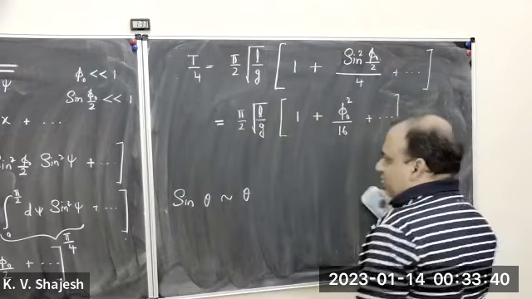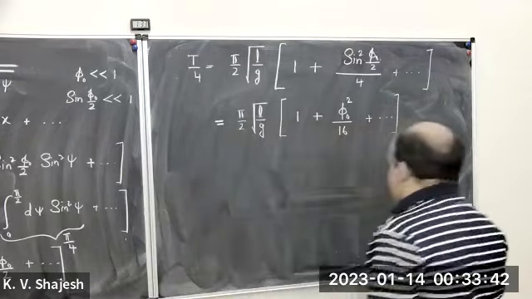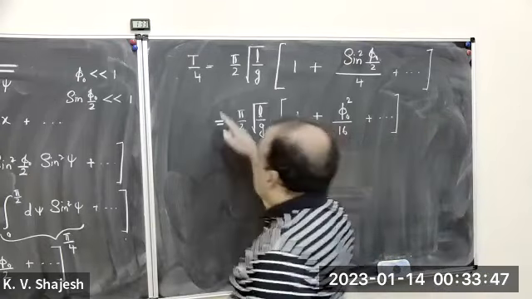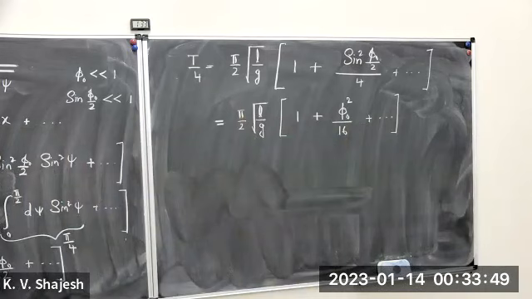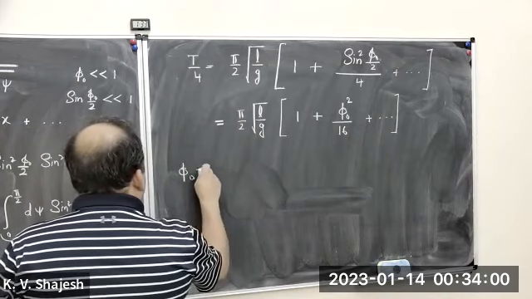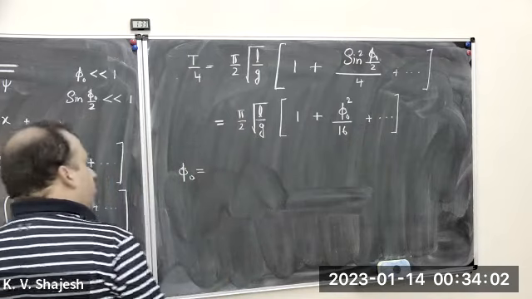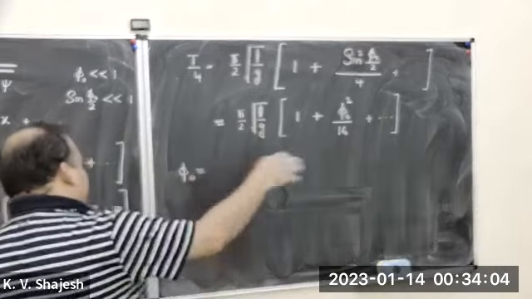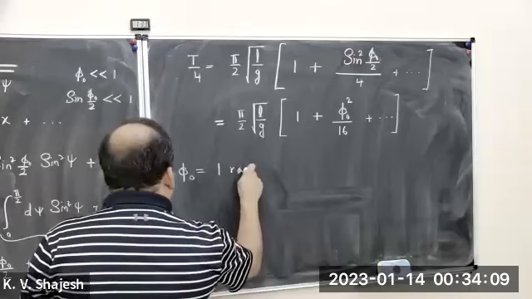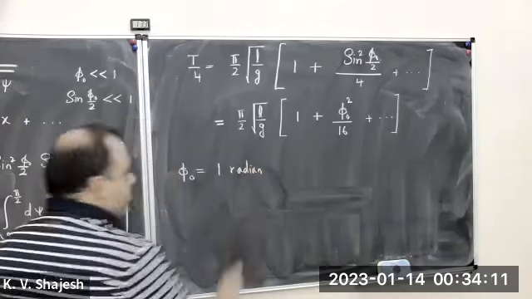And how much is it? So now we can have an idea of how much mistake you make, what error you make when you measure your time period and you really don't obey the small angle approximation, if you want to have the corrections to that. So let's take the simple idea of phi naught equal to 1 radian itself. We said it should be small compared to 1, right? So let's say it is 1 radian itself. That's about 60 degrees, right?